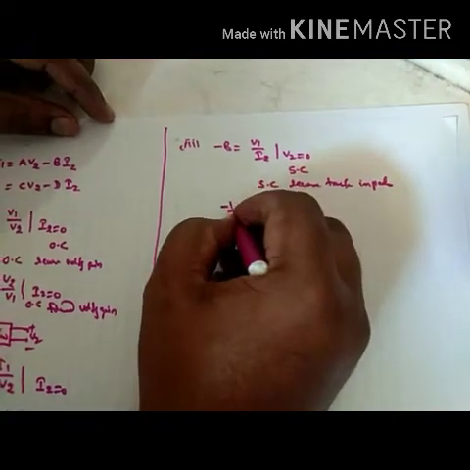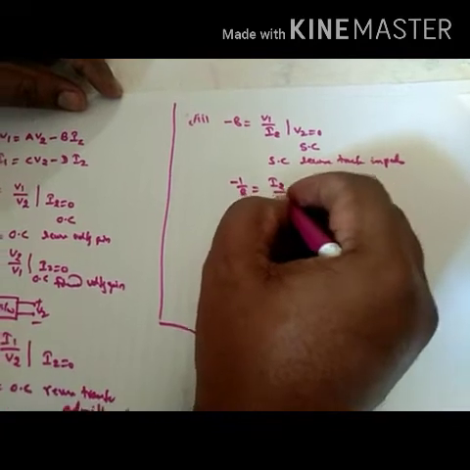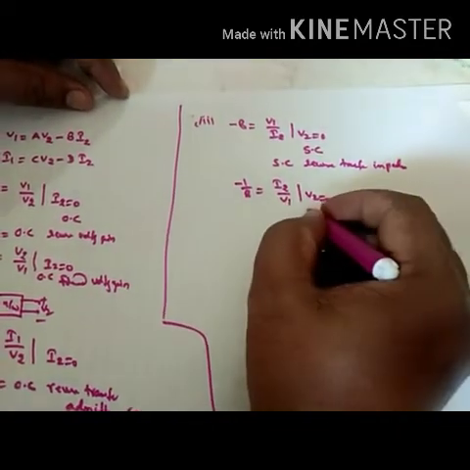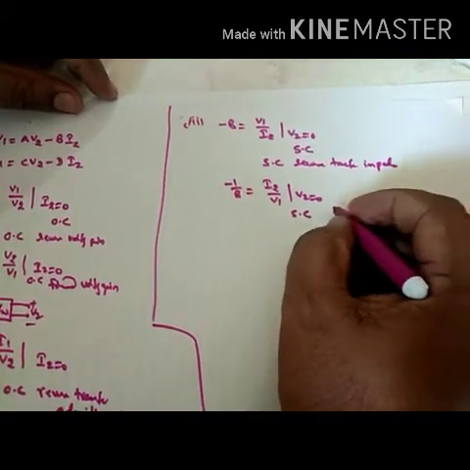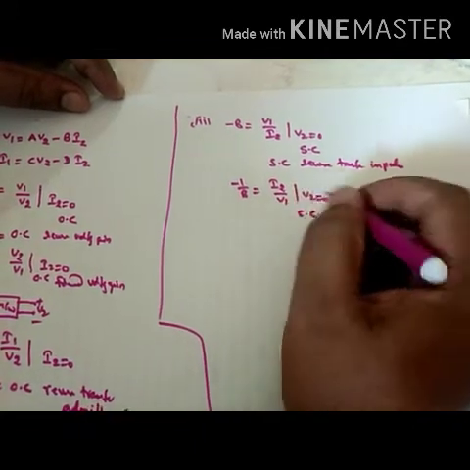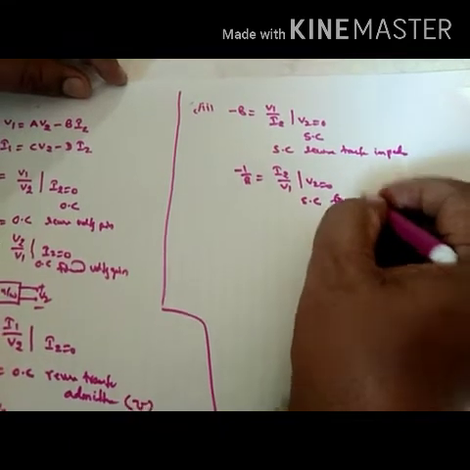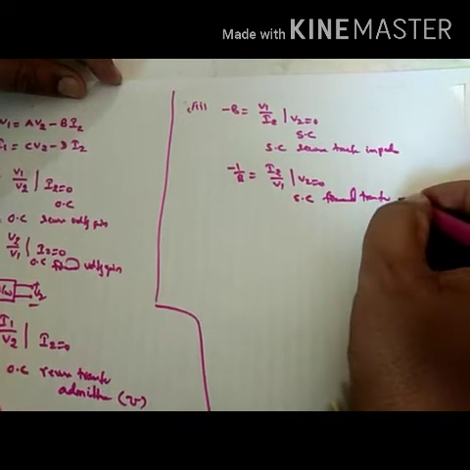So minus 1 by B is equal to I2 by V1 when V2 is equal to 0. Short circuit, here it is output current by input voltage. So forward transfer admittance.